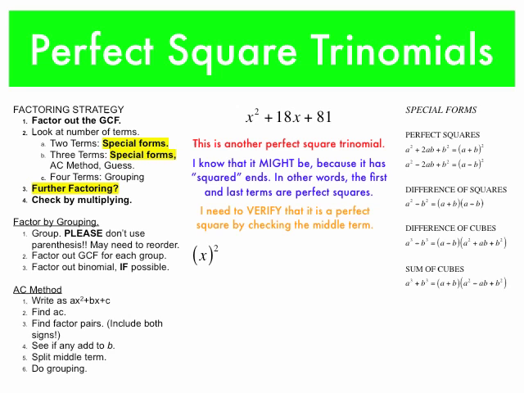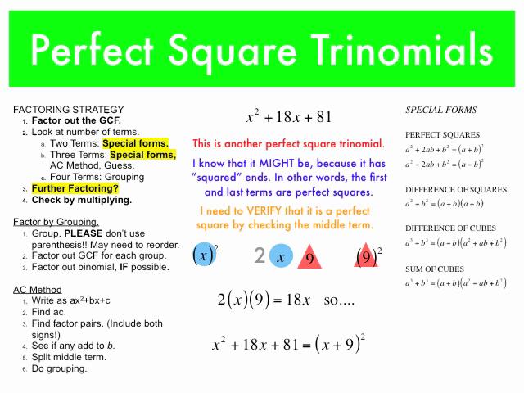I have an x squared on the beginning, I have a 9 squared on the end, I want 2 times x times 9 in the middle. Well, 2 times x times 9 is 18x, so that is a perfect square trinomial, and I know that it factors as x plus 9 squared.